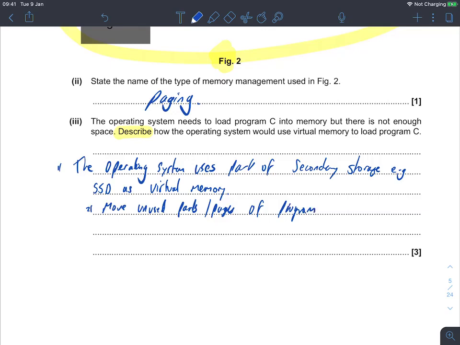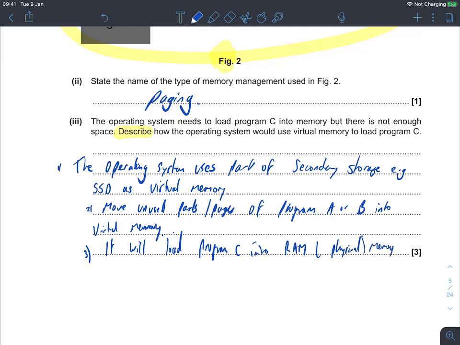So any unused parts or pages of program A or B into virtual memory, and then final step for the final mark, it will load program C into RAM, physical memory.